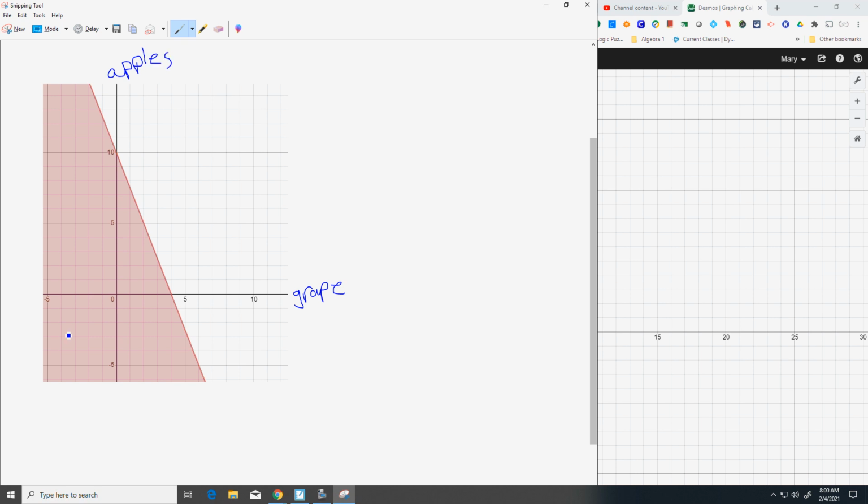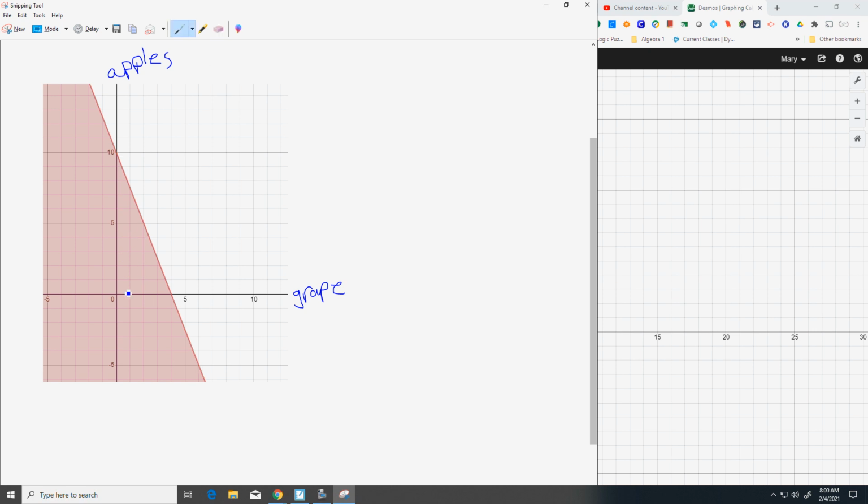I can't have negative grapes or negative apples, so the only part of the graph that is actually feasible is this part right here that I'm shading. Okay? That's the only part that is feasible. Then anything in there is something I could buy.